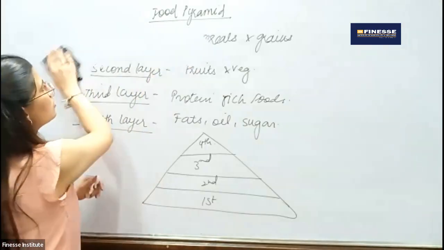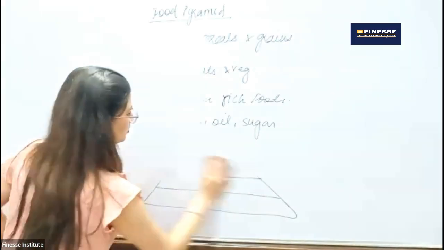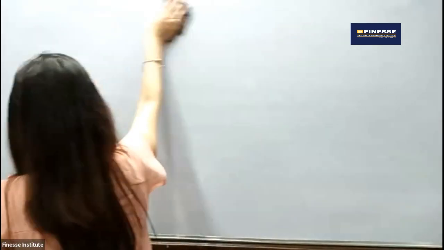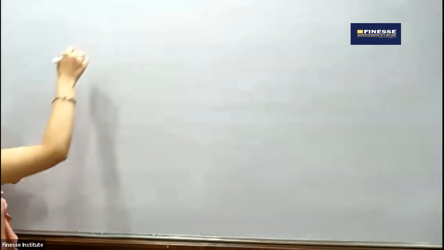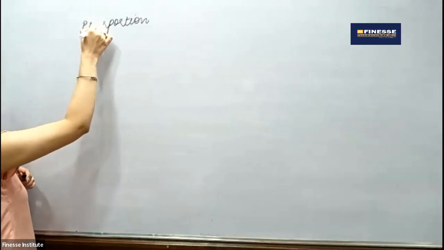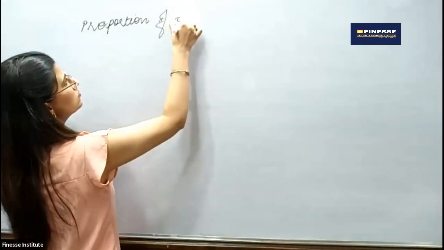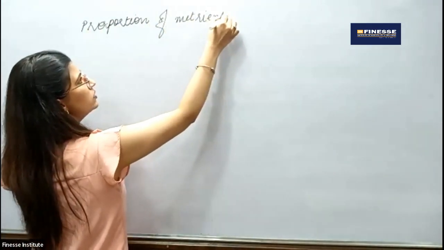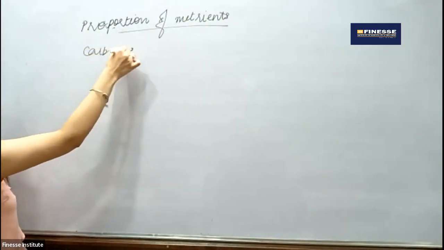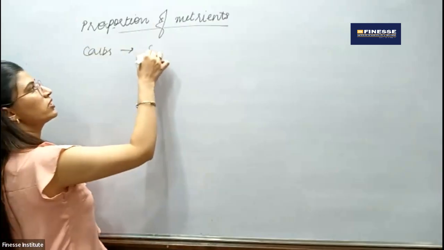proportion of the nutrients. Nutrients में जैसे कि carbs, we get 55 to 60% of the total energy.